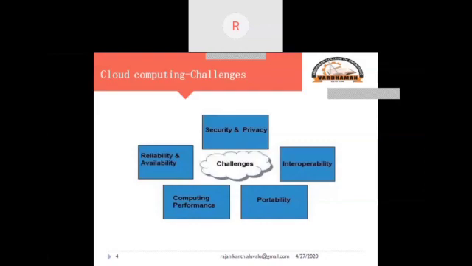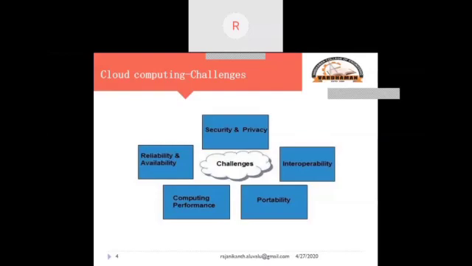Another important challenge is interoperability. Here interoperability means when an organization wants to migrate onto the cloud. An organization may migrate their complete applications and data onto the cloud, or they might migrate part of the data, part of the processes onto the cloud. And sometimes an organization might procure a few cloud services from one provider and a few from another provider.